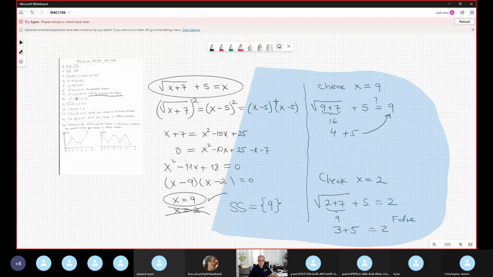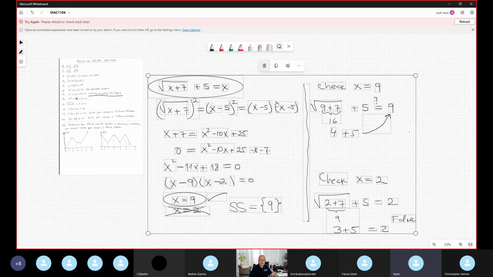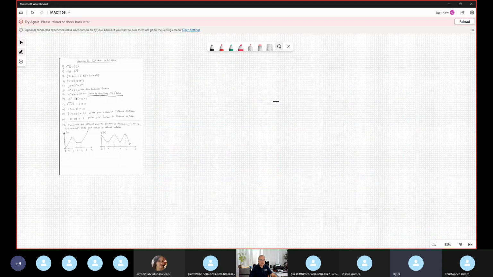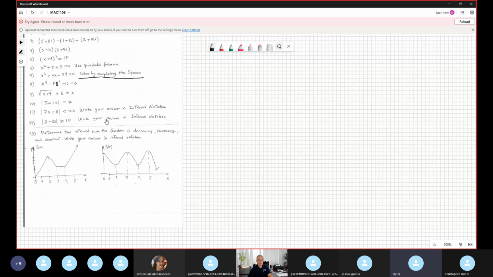Question 10. So 10, 11, and 12 are equations and inequalities that contain absolute value. Suppose 10 is the equation: absolute value of 5m plus 2 equals 7.